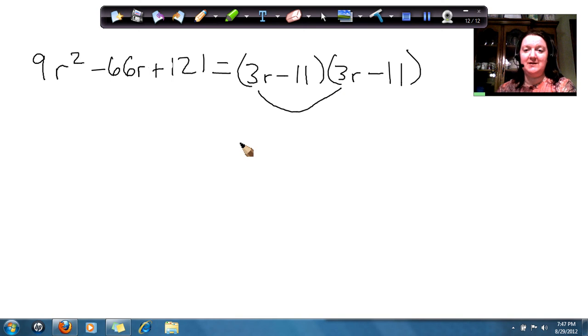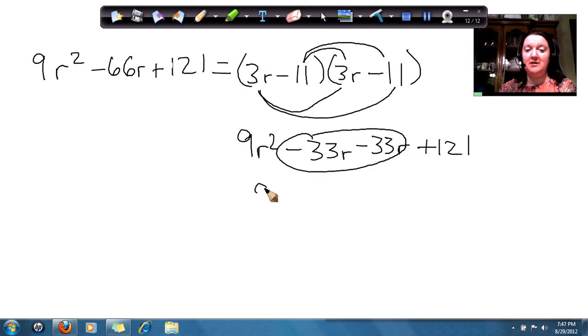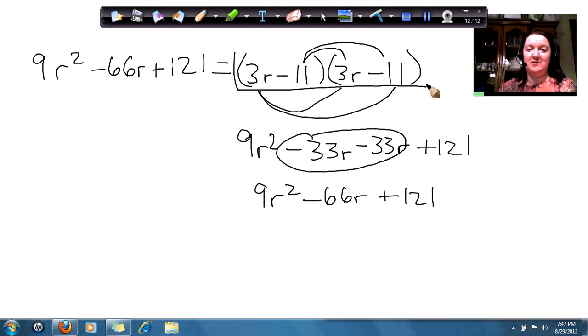If we multiply that together, we're going to get 9r squared. If we multiply this, we're going to get a negative 33r. If I multiply this, it's going to give me a negative 33r. And when we multiply this, it's plus 121. Now these are both negative, so when we combine them, we're going to get minus 66r plus 121. So now I know that I factored this correctly.